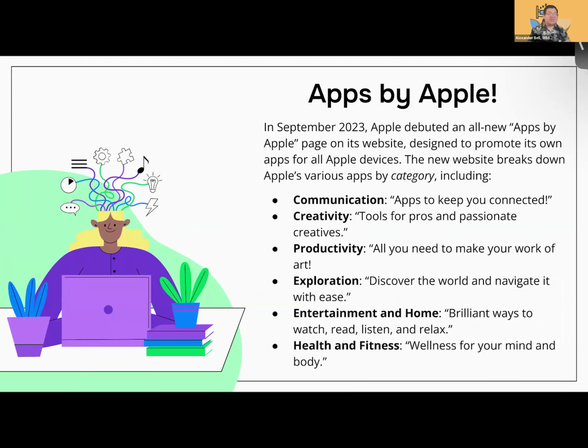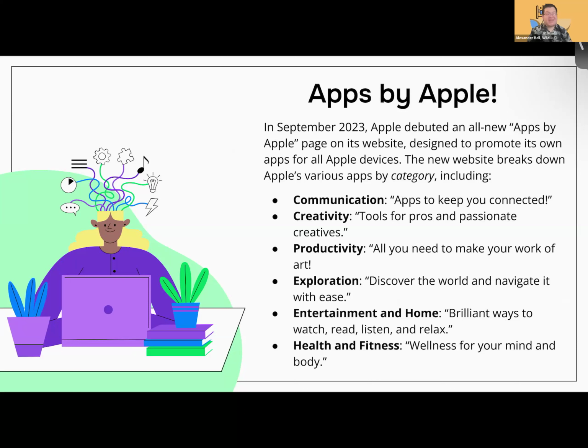Apps by Apple. In September 2023, Apple debuted an all-new Apps by Apple page on its website, designed to promote its own apps for all Apple devices. The new website breaks down Apple's various apps by category, including communication, creativity, productivity, exploration, entertainment at home, and health and fitness.